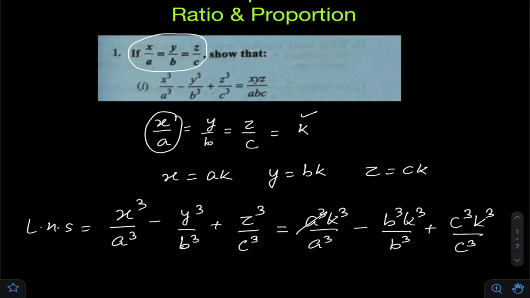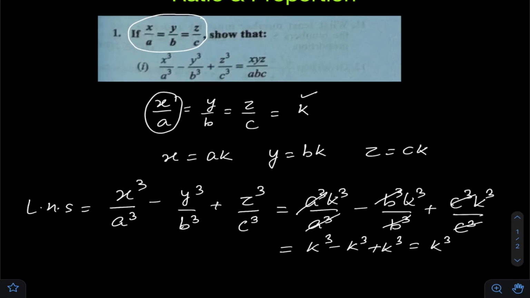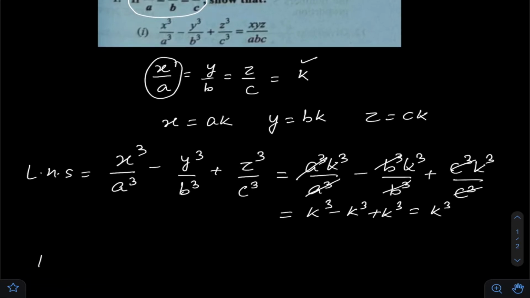Now all these terms are cancelled, and what is left? k cube minus k cube and plus k cube, which is equal to k cube. Now this is the answer of the left hand side. Now come to the right hand side. Right hand side is equal to xyz over abc.